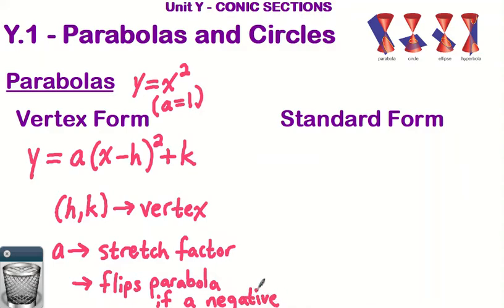Trying to conserve space here. So if your a value is negative, that means your parabola is going to be upside down. I guess we'll see how that plays out in the examples.